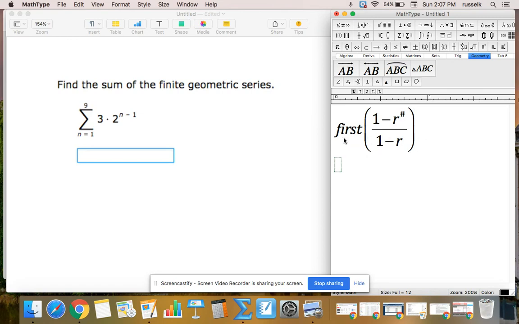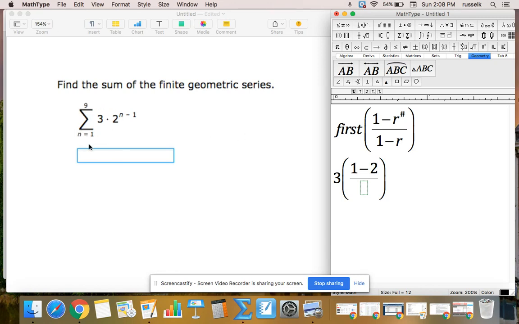In our case, when we plug in 1, 1 minus 1 in the exponent gives me 0, 2 to the 0 is 1, so 3 will be our first term. Multiply that by 1 minus our common ratio. Common ratio from the formula is the base of our exponent, so it's going to be 2, raised to the number of terms we have. In this case, we have 9.